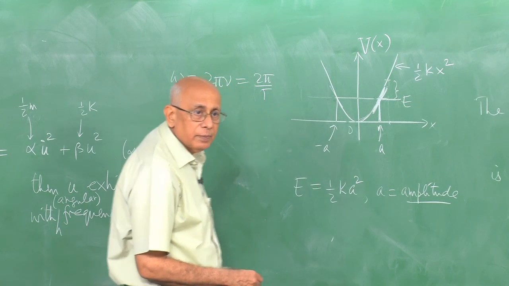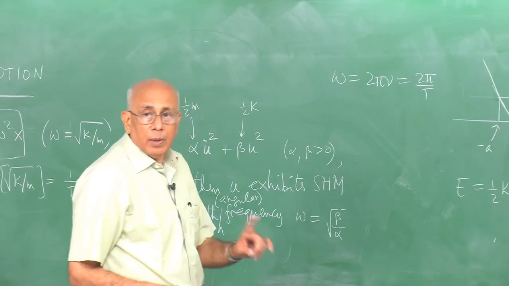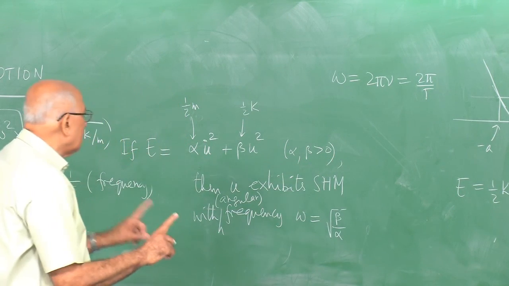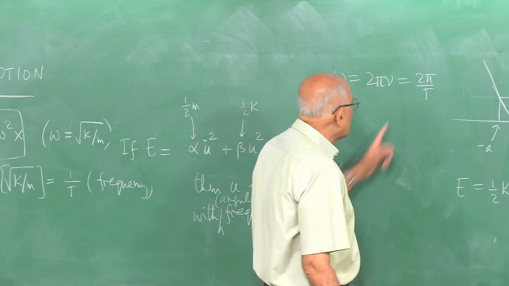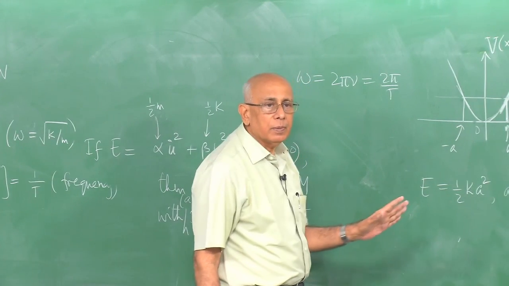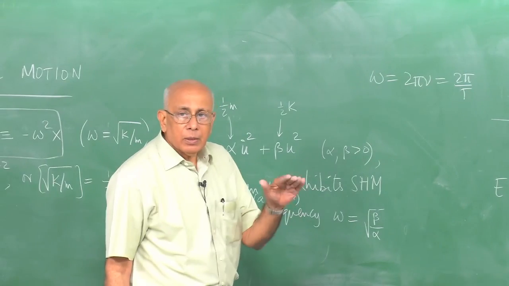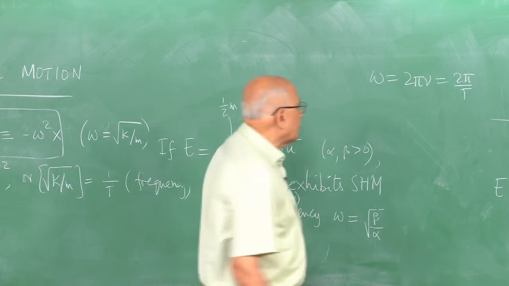That is the end of it. So this is another important feature of simple harmonic motion, a very obvious one. But the most crucial feature of all is the fact that this time period does not depend on the amplitude at all. The amplitude is determined by the total energy or vice versa, but T is independent of that.